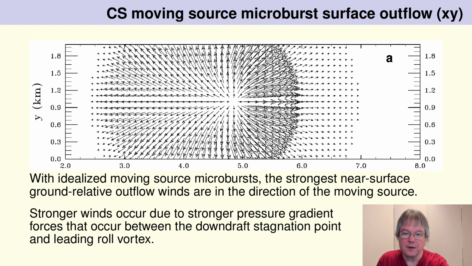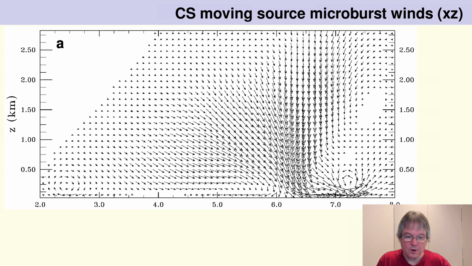The only thing is that's true to a point. If you move it too fast, you end up getting something that is actually less damaging. So here is a vertical cross-section through one of these moving source microbursts showing you the vertical winds. You'll notice the downdraft is not entirely erect. It actually has winds that are falling and also moving to the east at the time. And you'll notice there is a roll vortex way off to the left there.